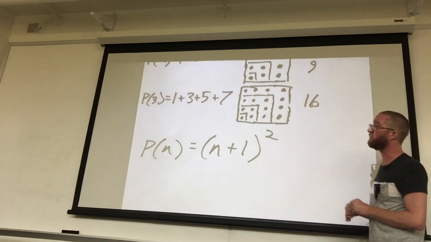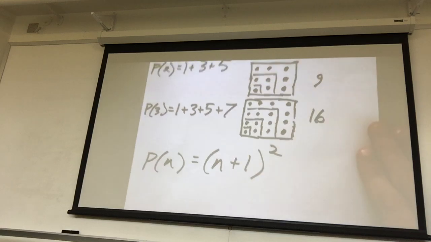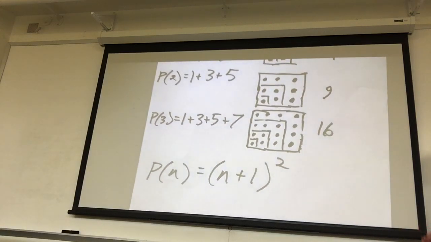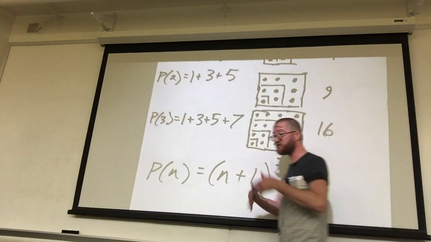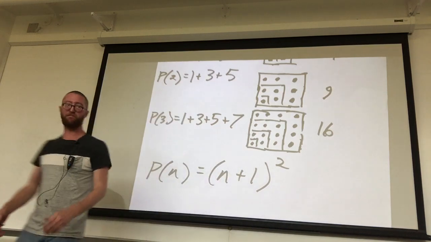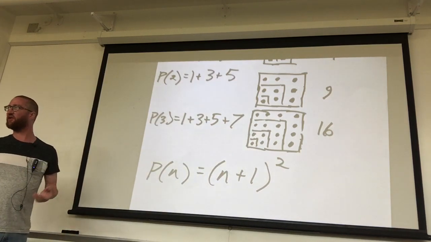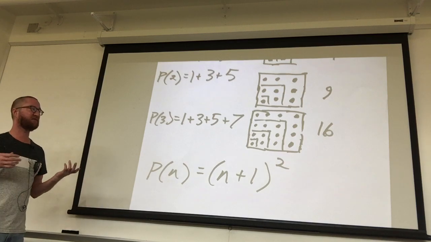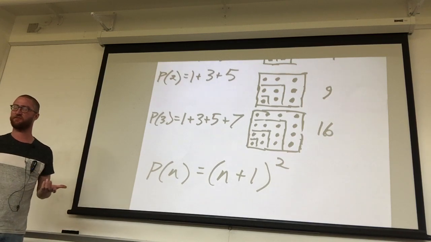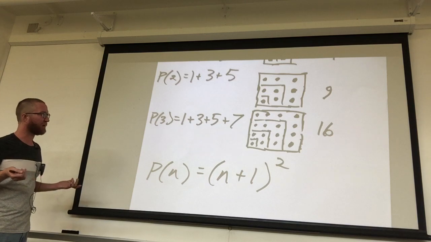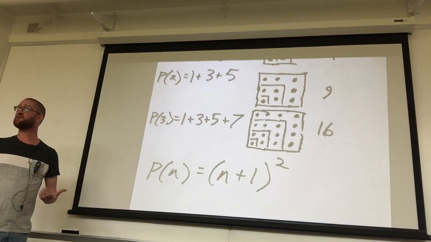Because when you're at 2, it's 3 squared. When you're at 3, it's 4 squared. So it's always up by 1. Okay, so now from drawing this diagram, we can get to the idea that P of n equals n plus 1 squared. Okay, great. Now we have to prove this.